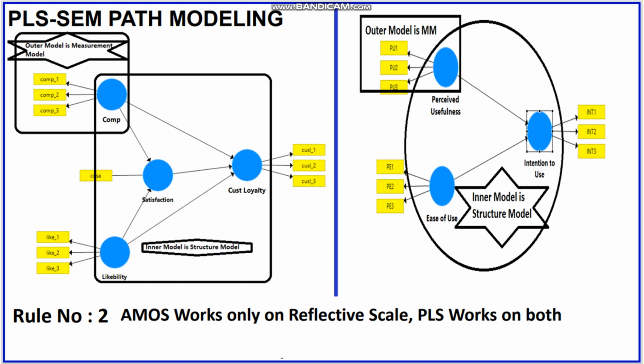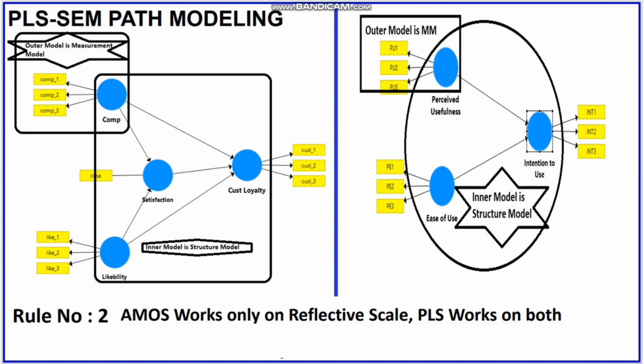The outer model is known as the measurement model and the inner model is known as the structure model. The inner model is connected through the arrows and is represented by the blue circles.